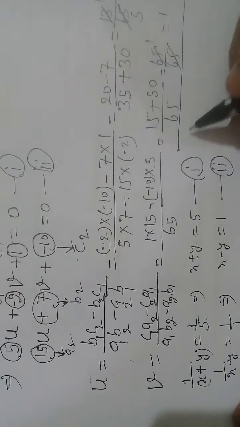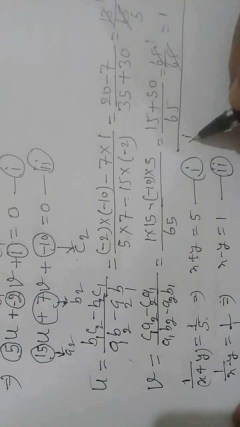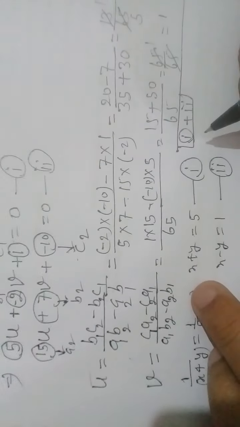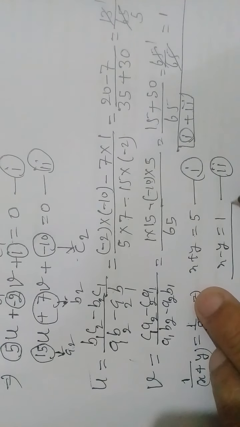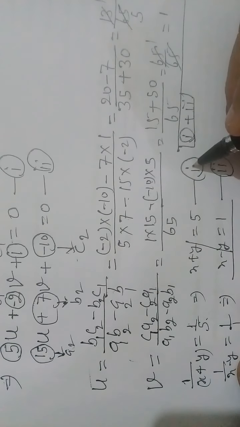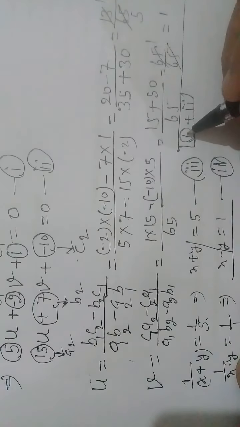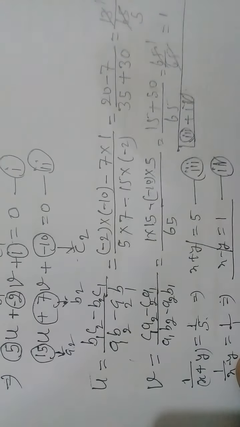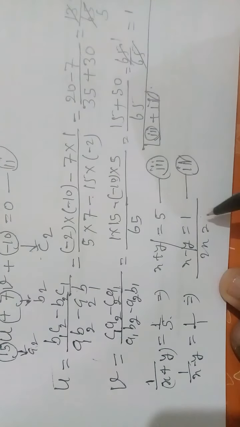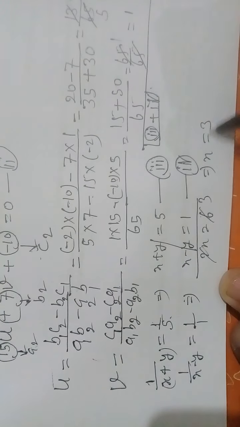Now adding equation 1 and 2, in the LHS the y terms cancel. We get equation 3 and equation 4: 2x is equal to 6, so x is equal to 3.